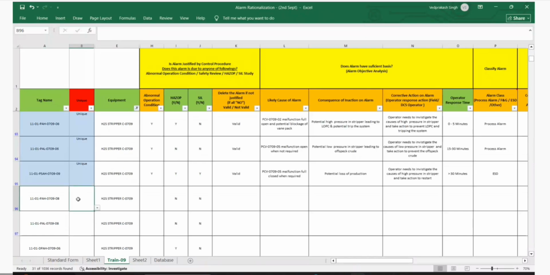Many controls here, many safeguards. Yeah. So this PAH 079, this is unique, this is typical, right?